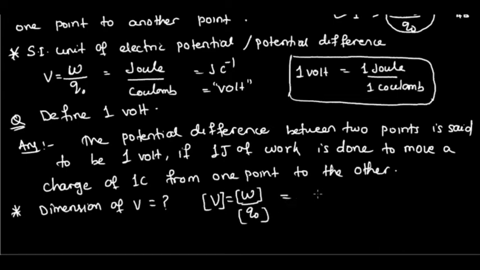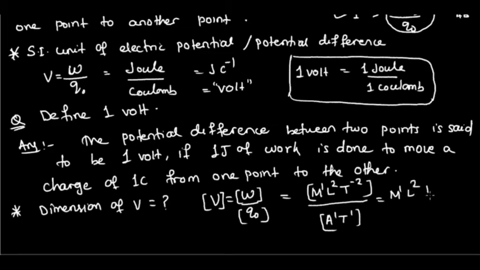The dimension of work is M1 L square T minus 2, divided by charge, which is A1 T1. So the answer will be M1 L square T minus 3 A minus 1. So this is the dimension of the potential difference. So students, I hope that you have got some idea about potential and potential difference.